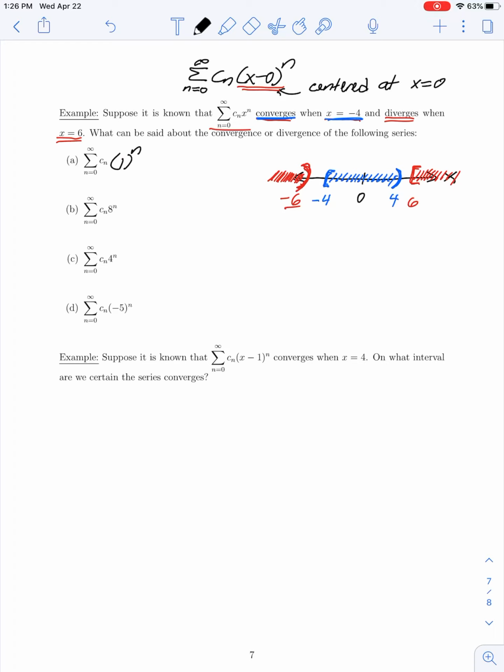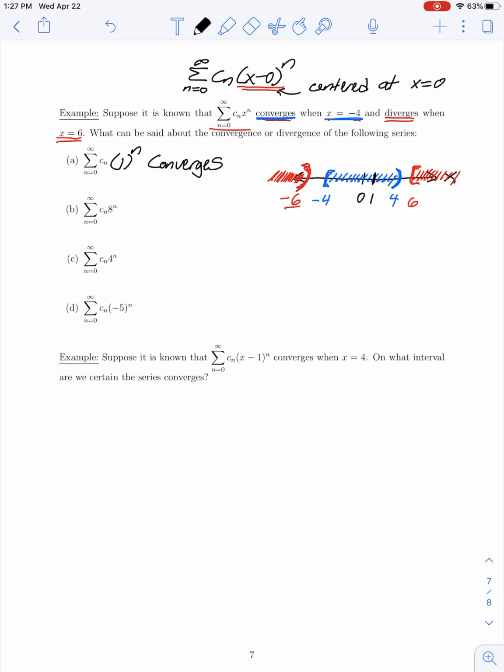The sum of c sub n's we could think of as c sub n times 1 to the first power. So x is equal to 1 in that case. So if x is equal to 1, well, we know that that is included within our interval of convergence. So we can say here that this series would be guaranteed to converge.